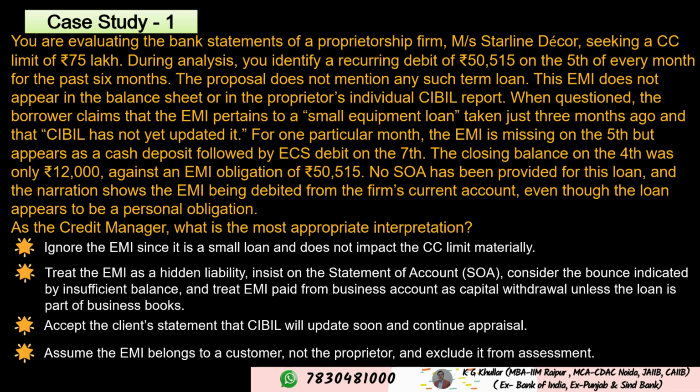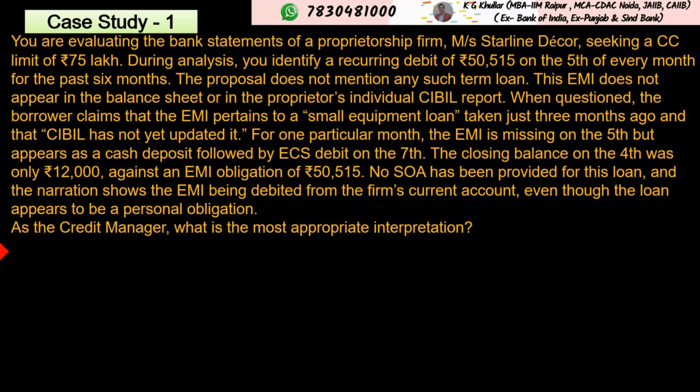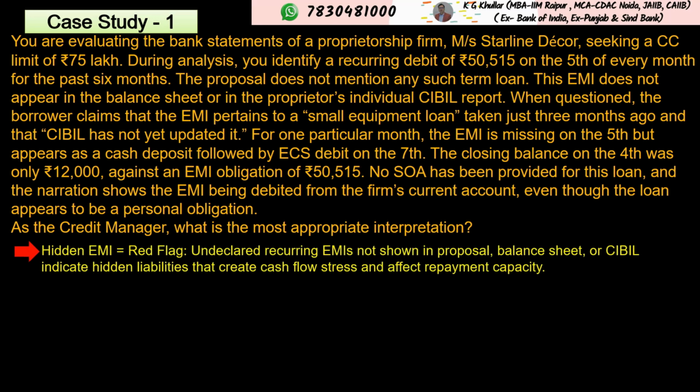Now friends, whenever you see a recurring EMI in the bank statement that the borrower has not declared in the proposal, also not shown in the balance sheet and that is missing in CIBIL as well, then this is a straight red flag. Hidden liabilities are one of the biggest reasons for cash flow stress and they directly impact repayment capacity.